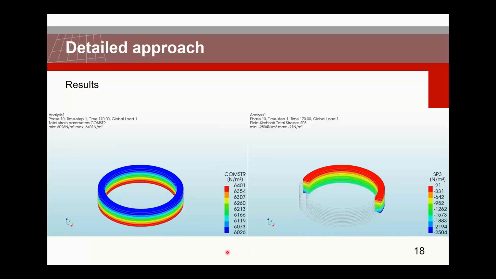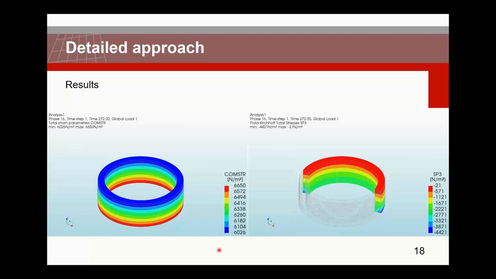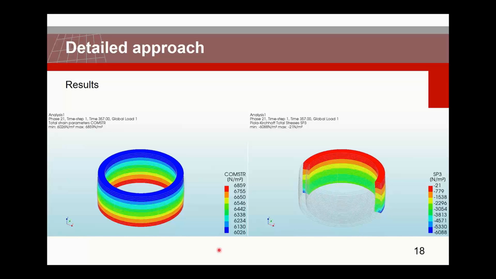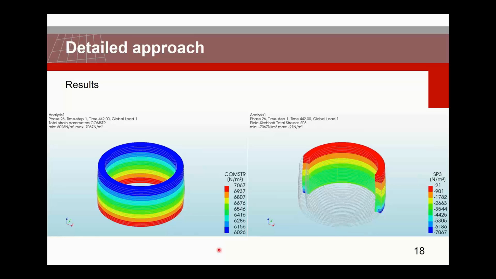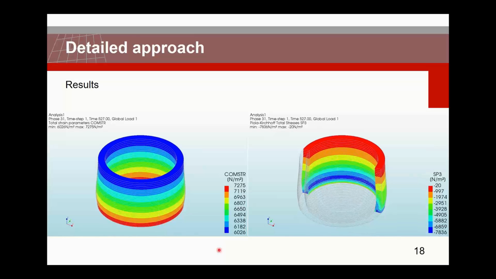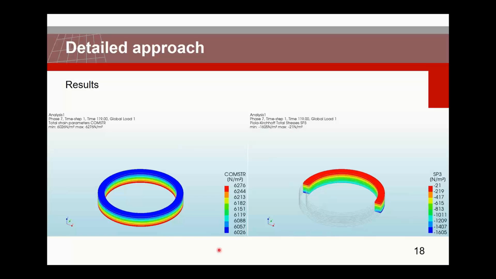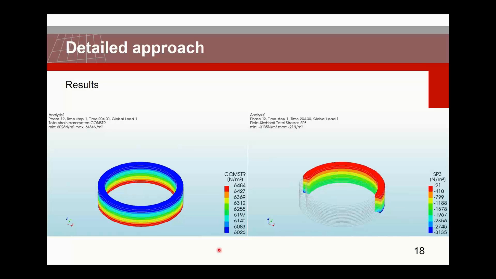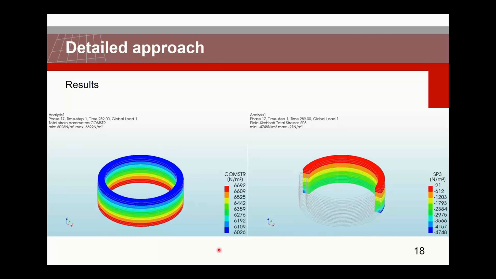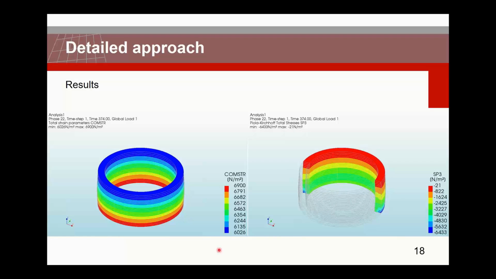In the next slide, I'm actually showing on the left side the evolution of the compression strength, and on the right side, I show SP3. SP3 is actually the largest compressive stress in my model. So that basically means the compressive stress.